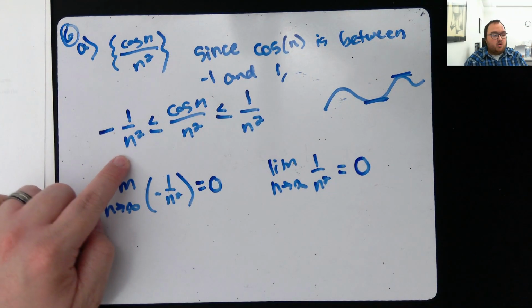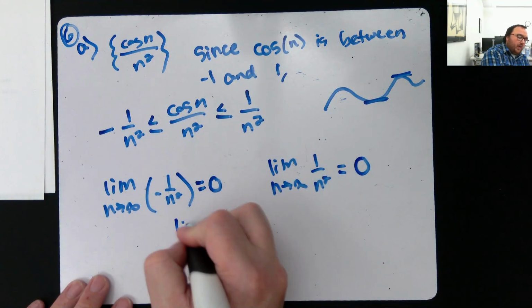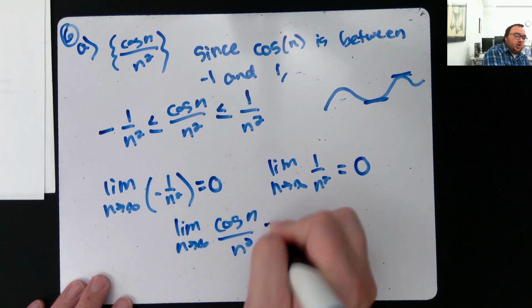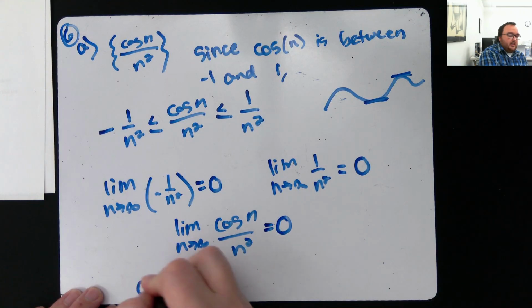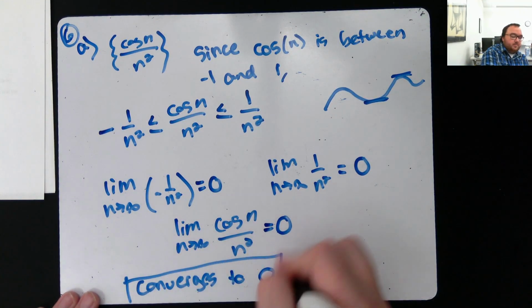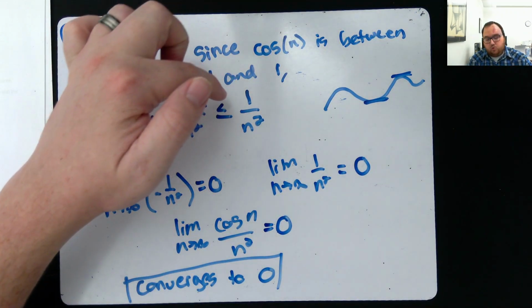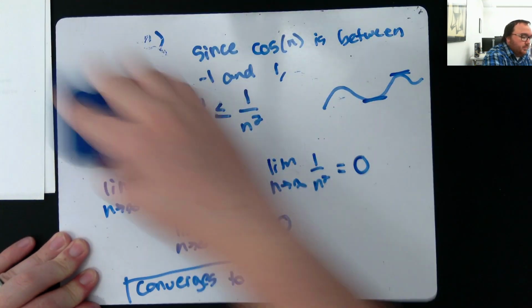So since 0 is on the left side and on the right side, we know that the limit of cosine of n over n squared must also be that same thing. So this converges to 0. Again, because I found one smaller and one that's larger, that both converge to 0.